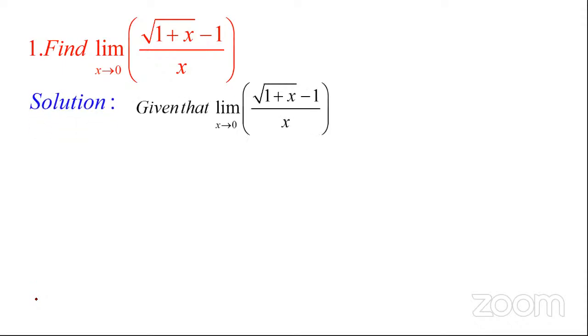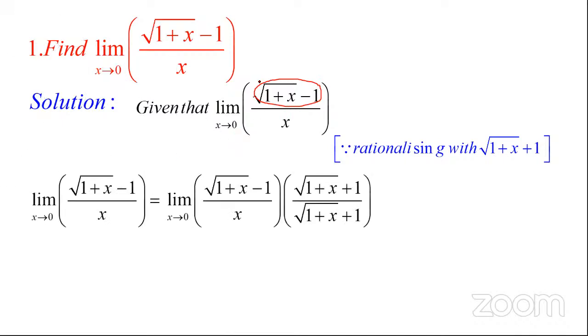Given the limit as x tends to 0 of (√(1 + x) − 1)/x, you have to rationalize the numerator, so I'm doing this. This is the left hand side value, the limit as x tends to 0 of (√(1 + x) − 1)/x, and I'm rationalizing by multiplying by (√(1 + x) + 1)/(√(1 + x) + 1).